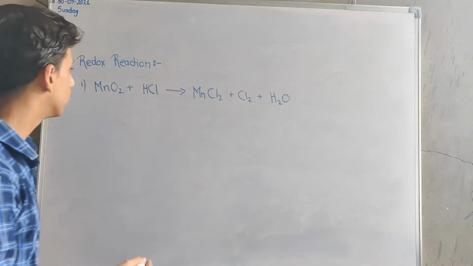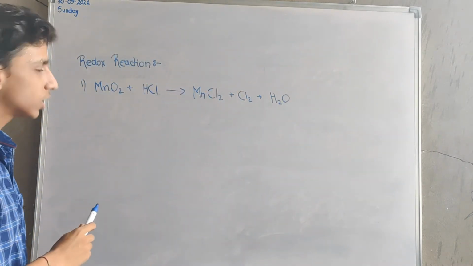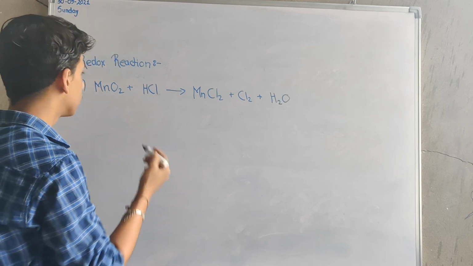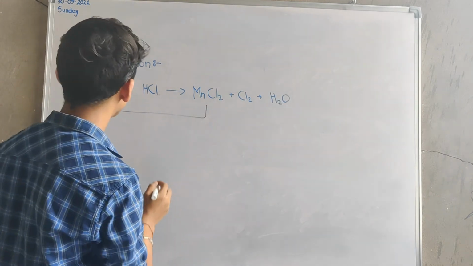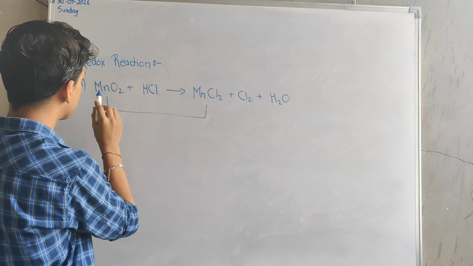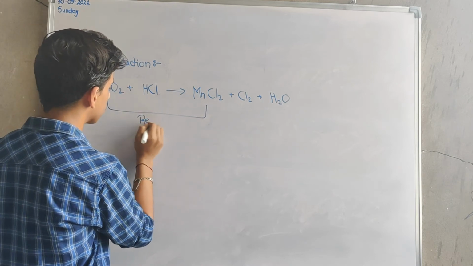So this is the reaction. Then we have to find out where is the oxidation reaction and the reduction reaction. So here is a reduction reaction because oxygen is lost from this compound.